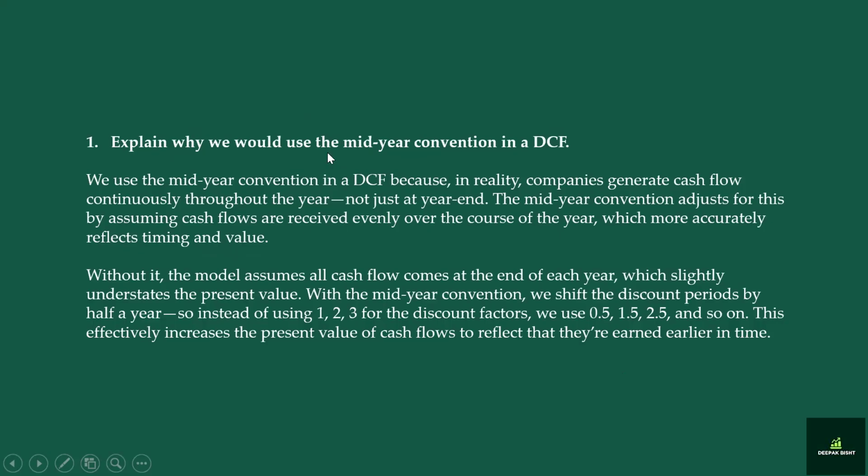Here in question number 1, just understand that the mid-year convention is used because when we are practically using a DCF, it makes more sense that throughout the year we are generating revenue from operations. If we assume that the revenue is generated at the year end, that would be wrong. So discounting those numbers using the mid-year convention makes more sense and is more practical.